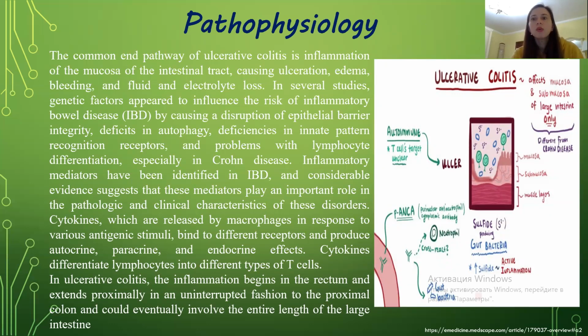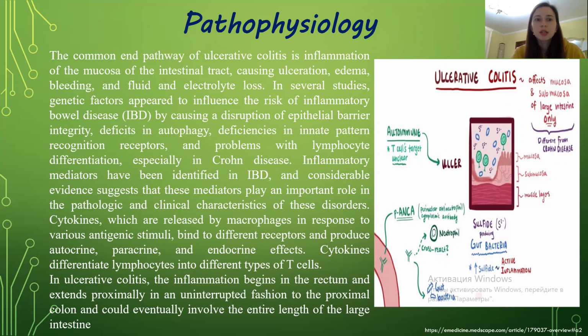Pathophysiology of ulcerative colitis. The common end pathway of ulcerative colitis is inflammation of the mucosa of the intestinal tract, causing ulceration, edema, bleeding, and fluid and electrolyte loss.